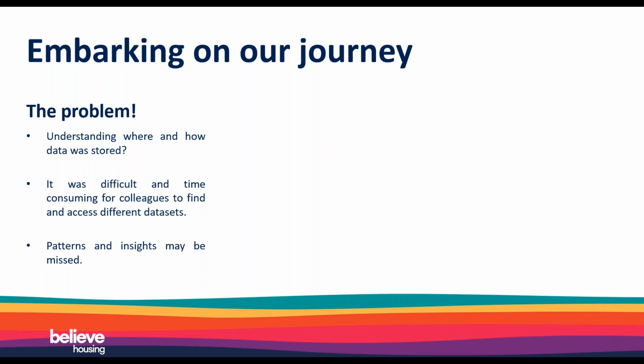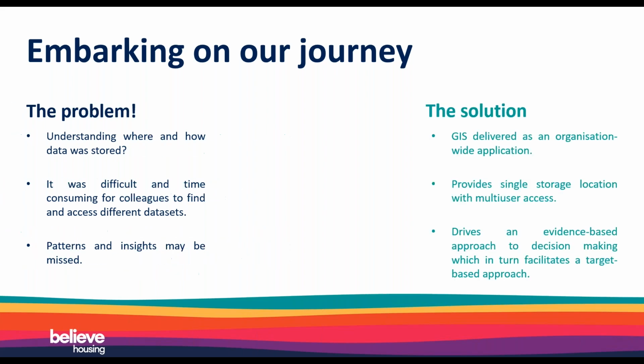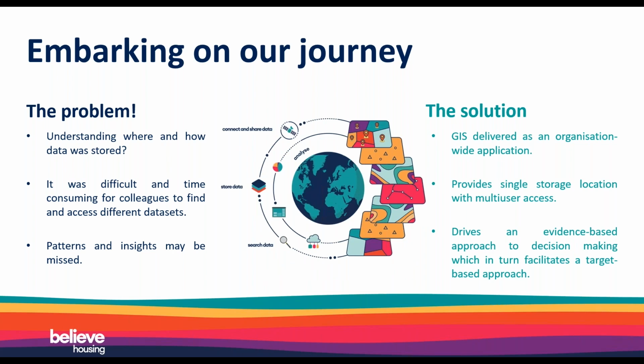It was also proving time consuming for colleagues to find, access and link different data sets together, particularly internal and external data. And this ultimately meant that patterns and insights could have been missed. So the solution was to deploy GIS as an organisation-wide application that would provide a single storage location for geospatial data and have multi-user access.